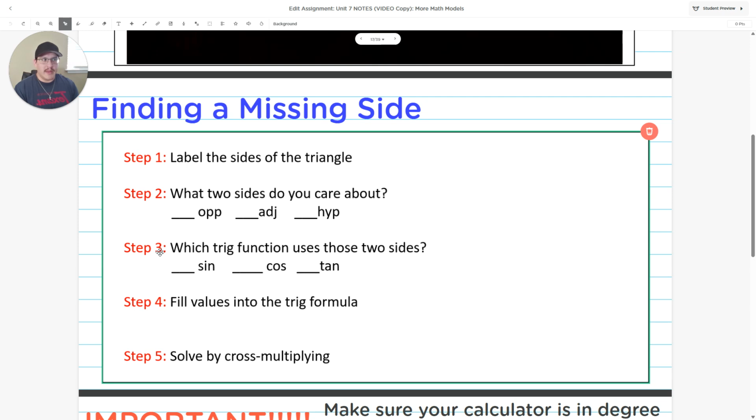Step 1 being labeling the sides of the triangle given to us to solve for. Step 2 is to determine which sides we care about when solving the problem. Step 3, which trig function associated with those sides will we use. Step 4, fill out the formula. And then step 5, solve by doing some math.